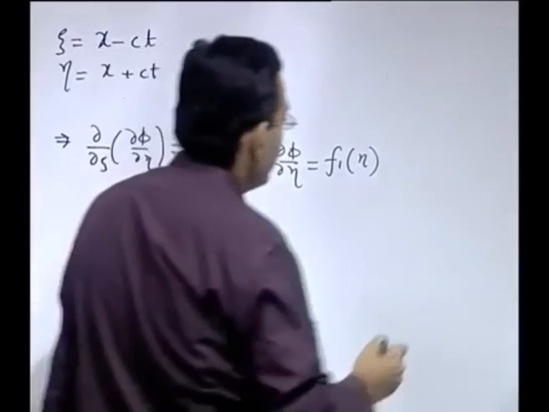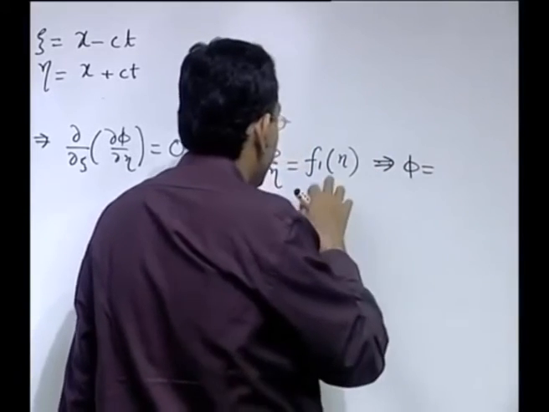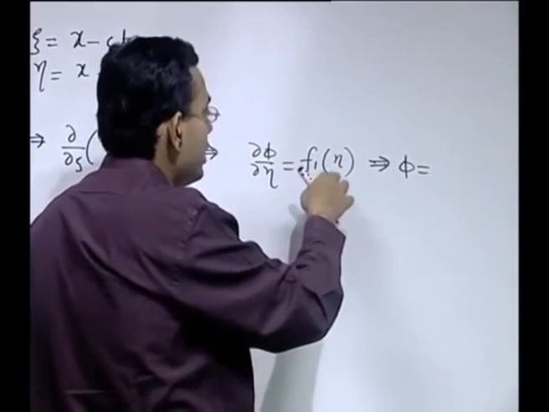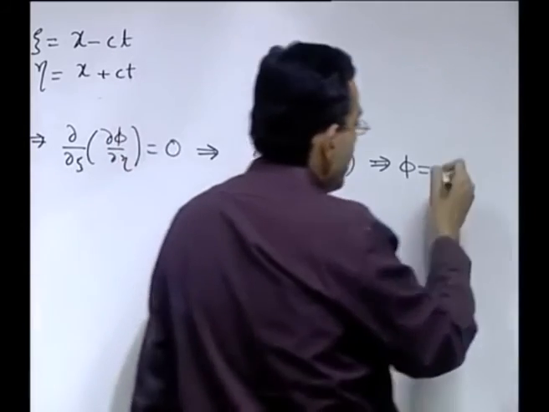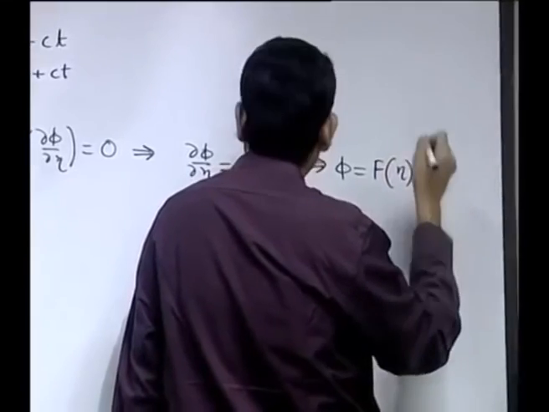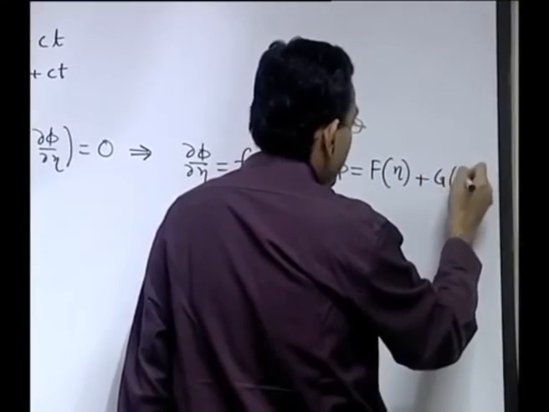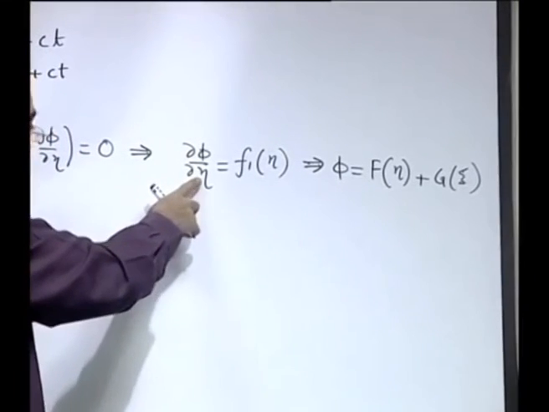So, if you integrate these ones, then what is phi? It is some new function of eta which can be obtained by integrating f1 of eta d eta. So, let us say that is capital F of eta plus some function of zeta, which is like a constant when you integrate partially with respect to eta.